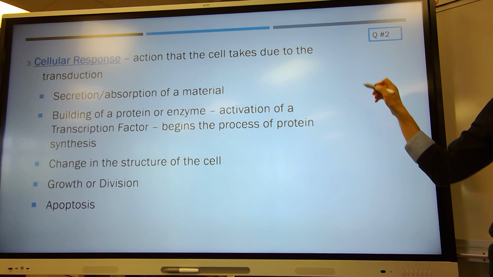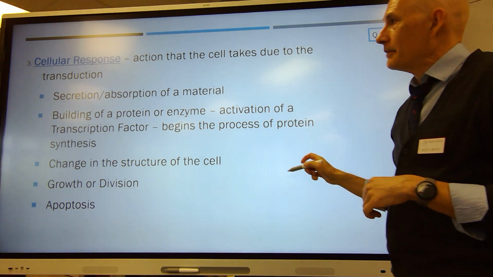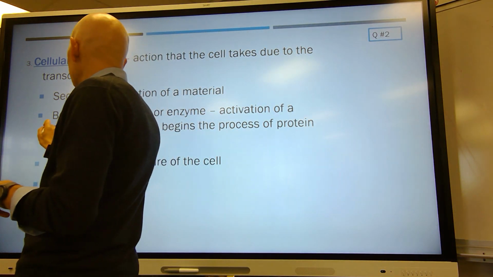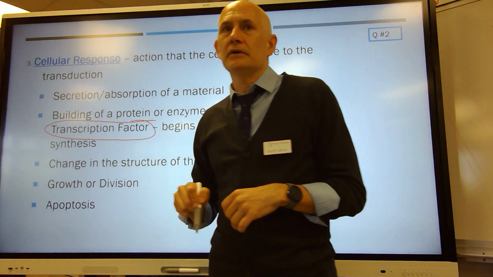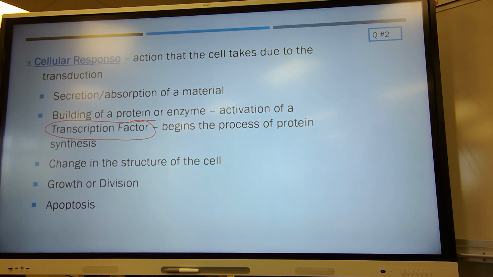And so with all of these different things happening, a lot of it has to do with activating transcription factors. And some of those lipid hormones that pass directly through the cell membrane and the nuclear membrane will bind directly to the DNA and act as a transcription factor to initiate some specific response.